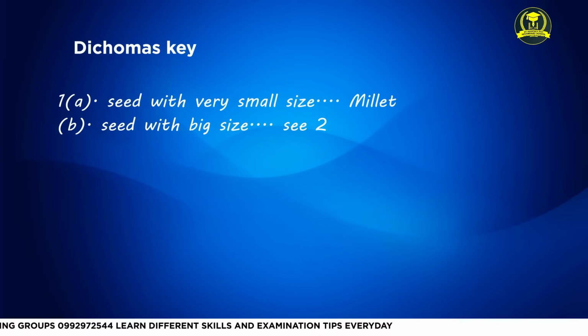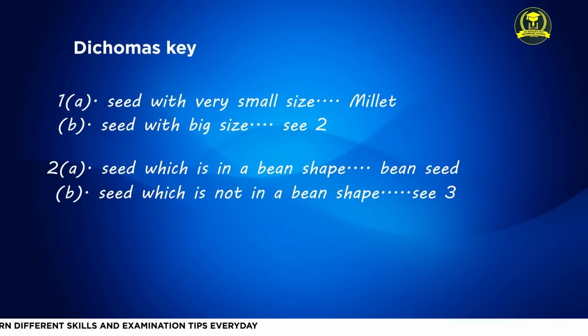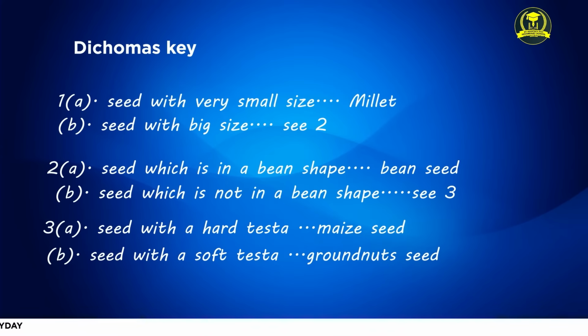Go to 2. Number 2A. A seed which is in a bean shape. A bean seed. Number 2B. Seed which is not in a bean shape. Go to 3. Number 3A. Seed with a hard texture. Maize seed. 3B. Seed with a soft texture. Groundnut seed.